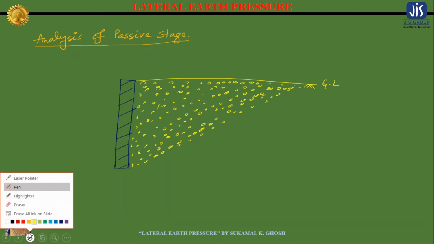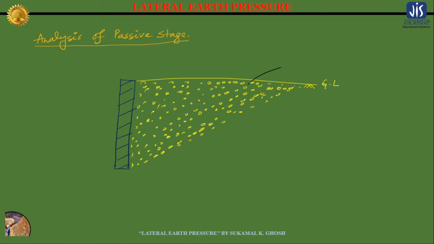So this is the cohesionless backfill, which is in stable condition. Why is this cohesionless backfill in stable condition? Because right now the sheet pile is at rest condition.